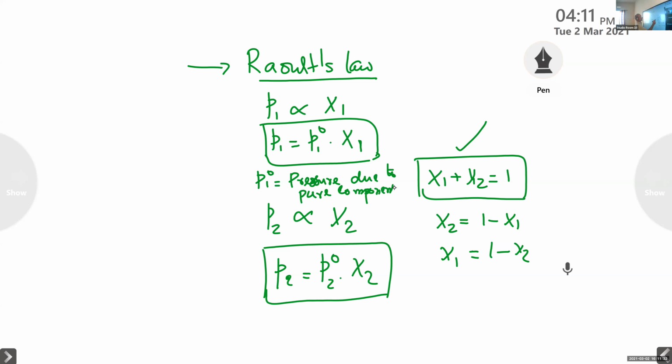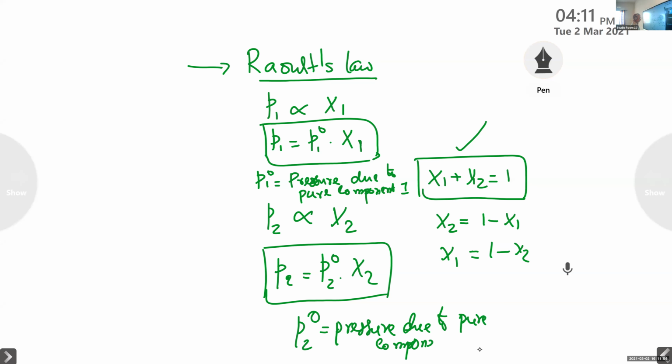Similarly, P20 is equal to the pressure exerted by pure component 2.